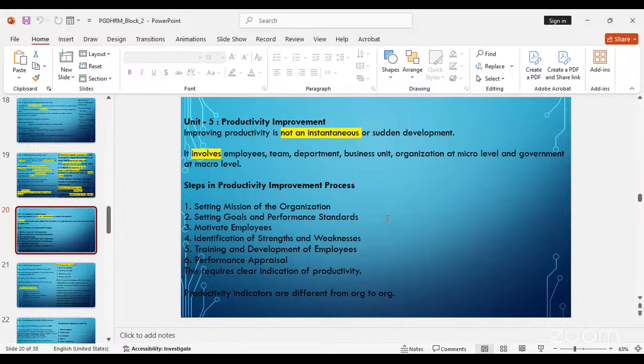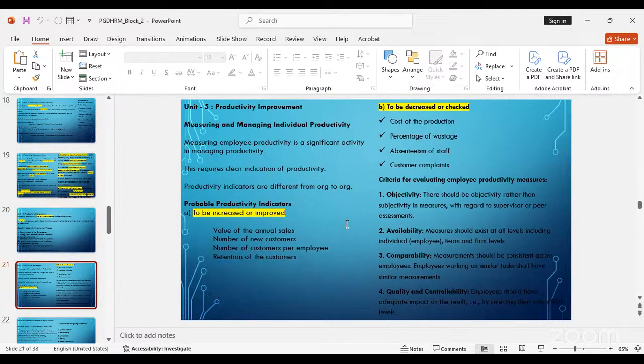Then identifying the strengths and weaknesses of the organization and individuals, addressing the weaknesses and ensuring strengths are improved further, and filling the gaps by giving training and having proper training and developmental plans for the employees, and performance appraisal. This requires clear indication of productivity. Again, they differ from organization to organization.